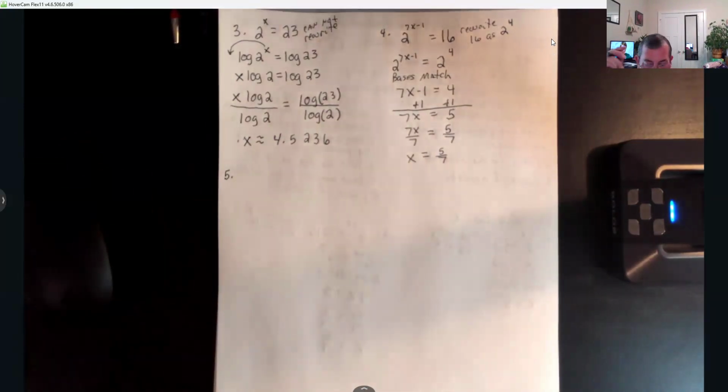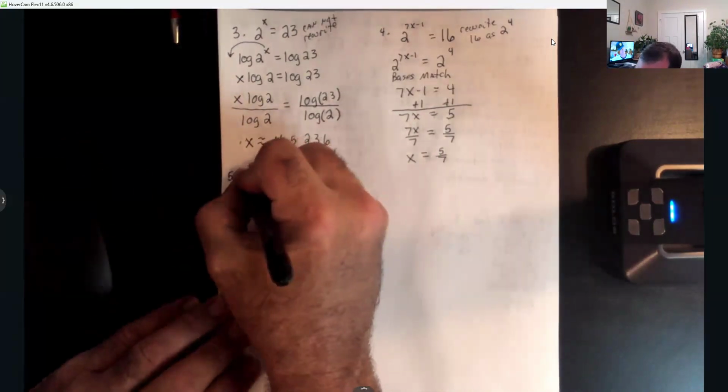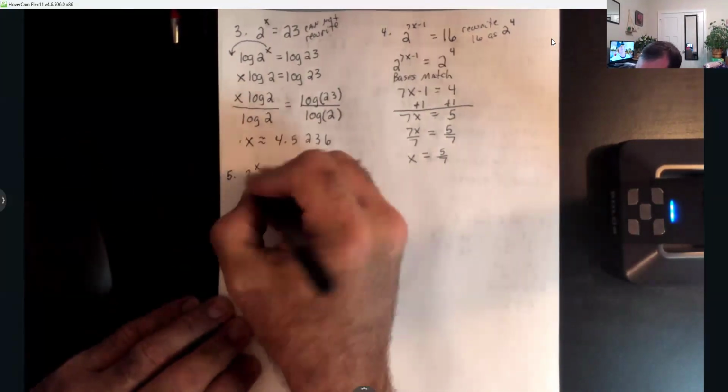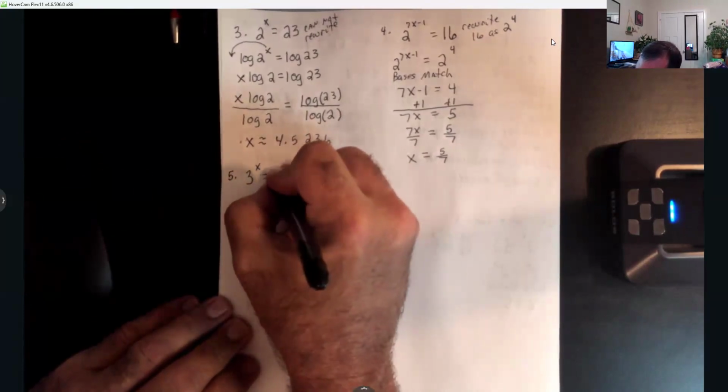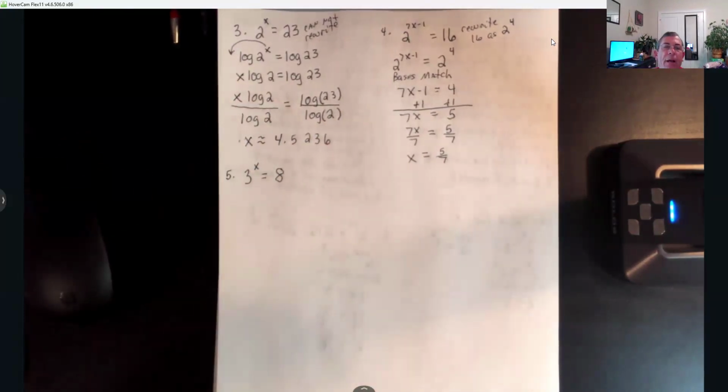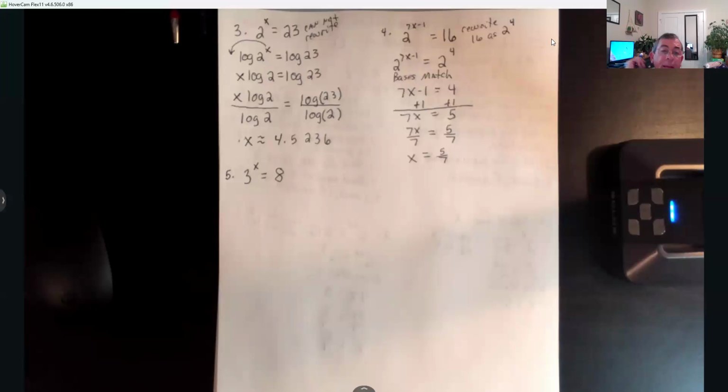All right, y'all, so that's the trick. We're going to just see if we can rewrite these or not. 3 to the x equals 8. Can we rewrite that 8 using a base of 3?